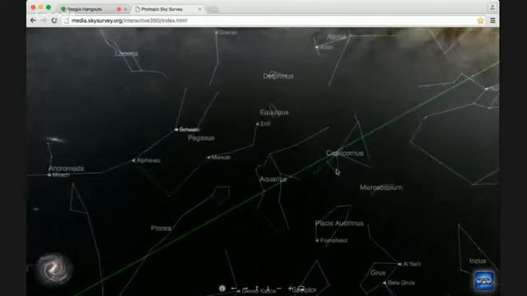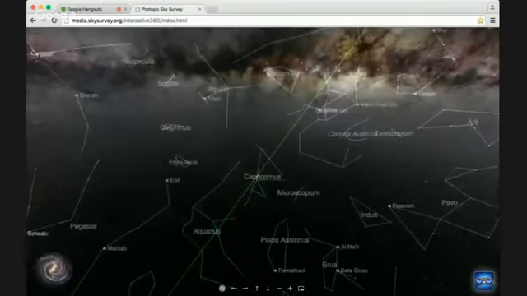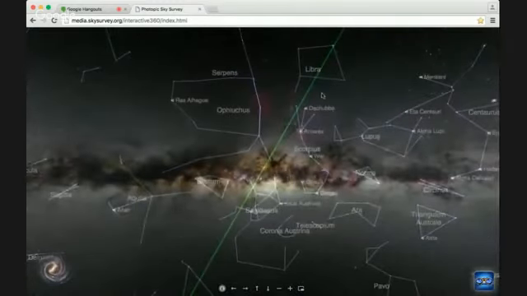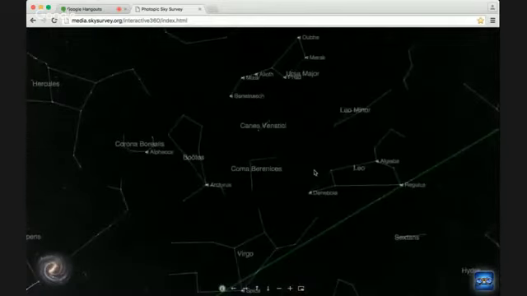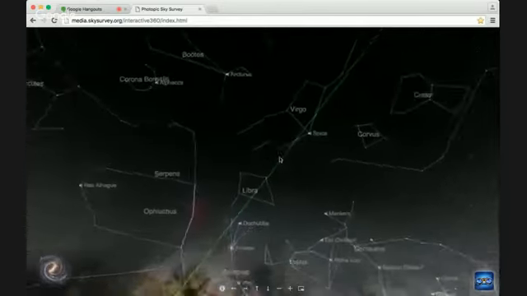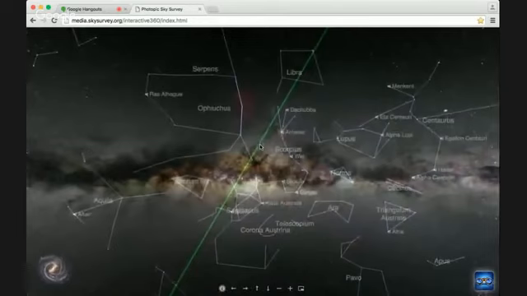Well, it should have had the sun somewhere here, and it normally does. For some reason today, the planets are not showing. But this is an astronomical site, guys. It's not astrological, and so it will show you physically where the sun is. And the sun is not physically in Aquarius. It's in Capricorn.